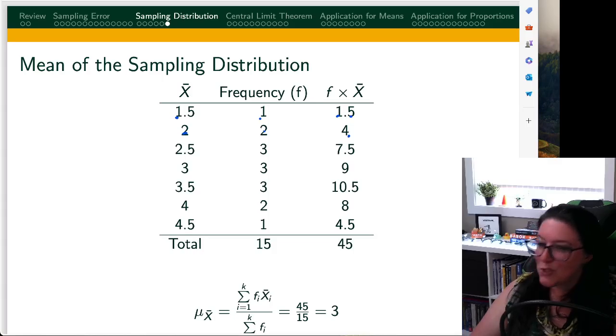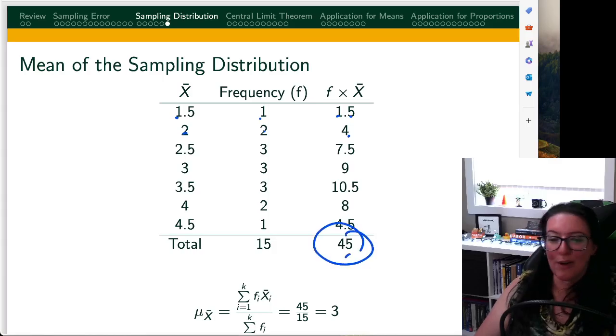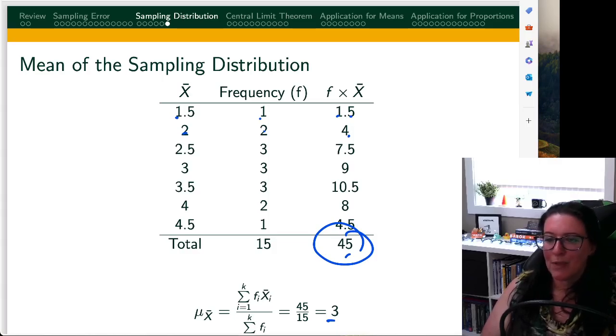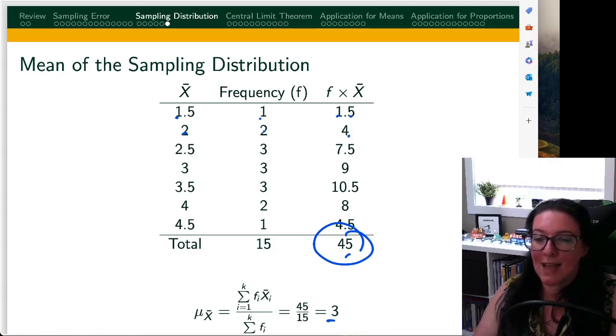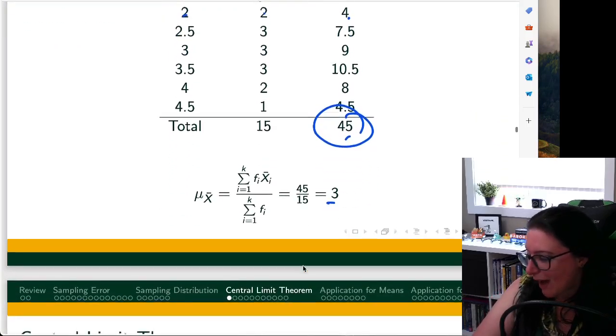And so that's just putting it back to the list it was before and totaling it up to 45. 45 divided by 15, our approximation of the population parameter is that the typical household has 3 children. Remember, the average of the averages is your estimation for your population parameter. So mu here is estimated to be 3 based on finding the average of the averages.